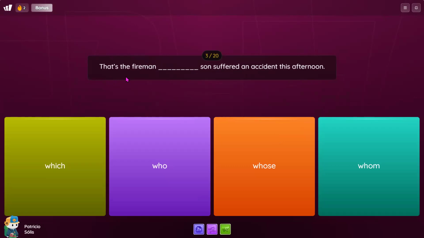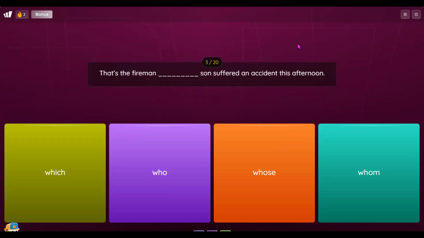Does the fireman son suffered an accident this afternoon? Observe the elements. So it is which, who, whose, or whom. Observe, because it is son, it is a kind of possession.